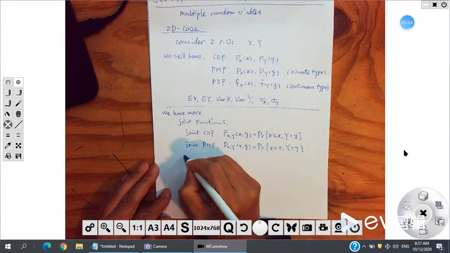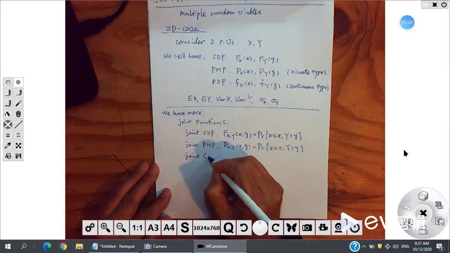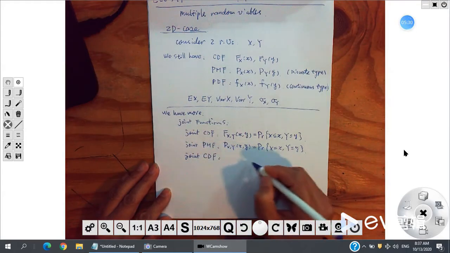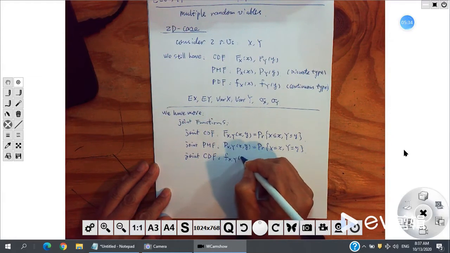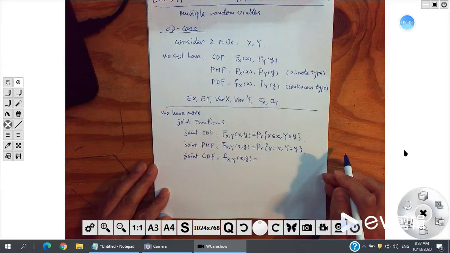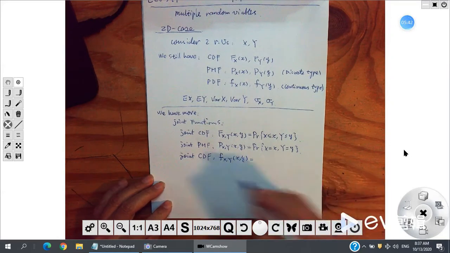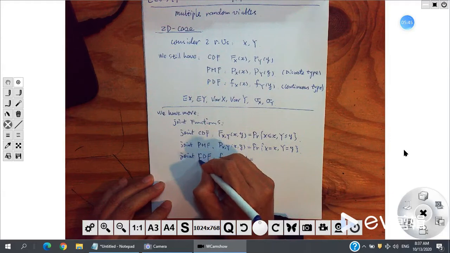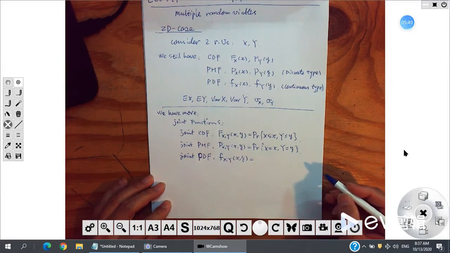And then we have the joint PDF, lowercase f_XY of x and y. Sorry, not CDF, PDF, probability density function. This is a density.